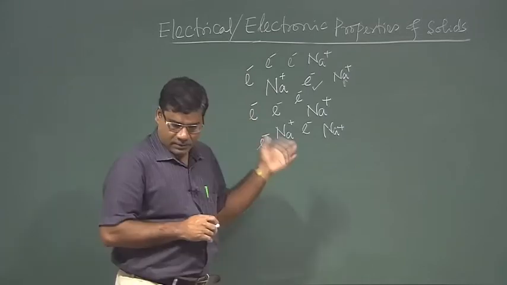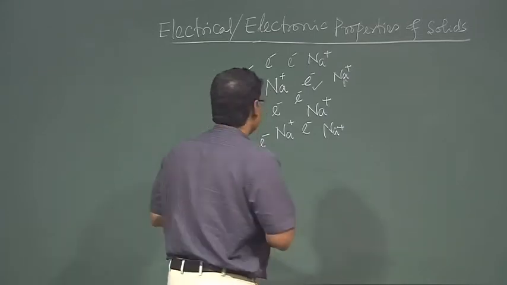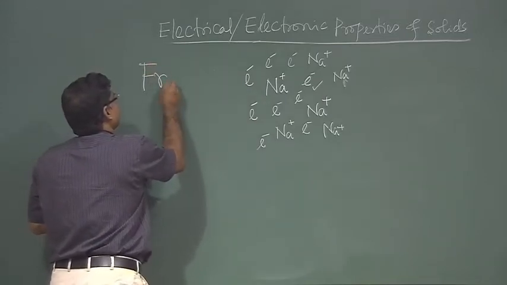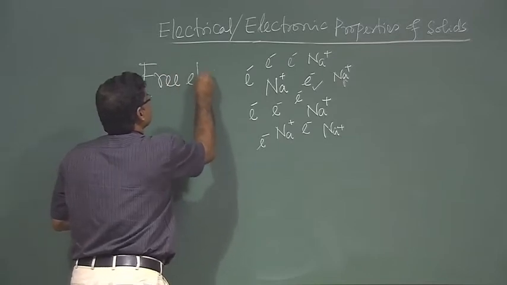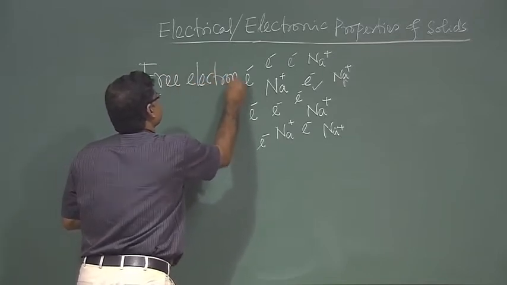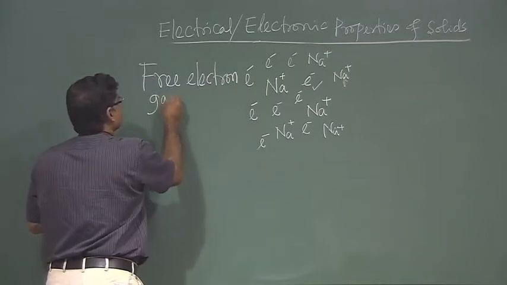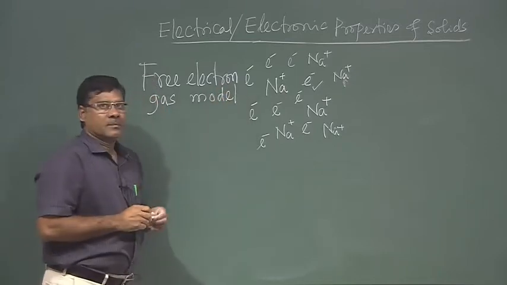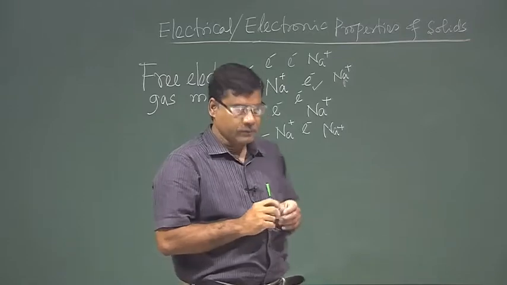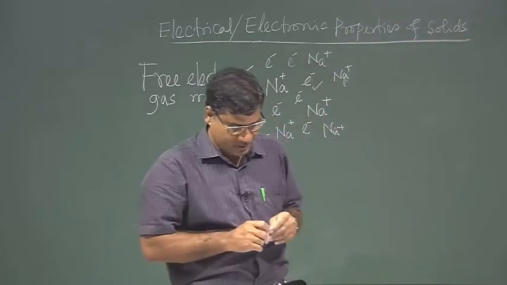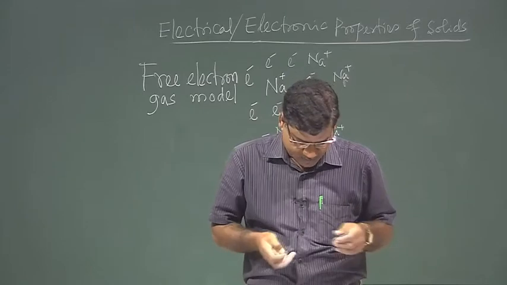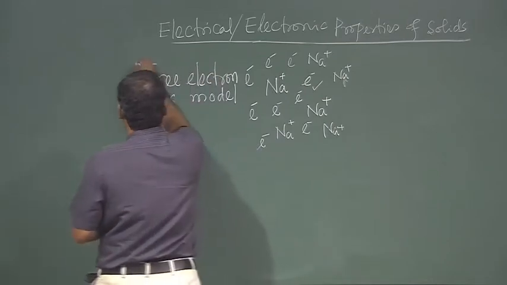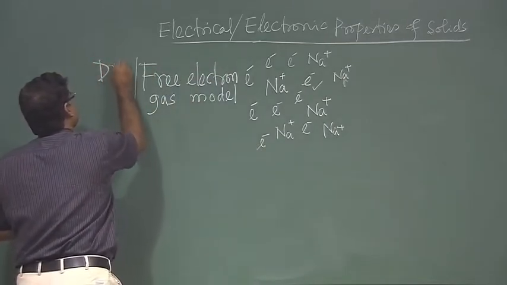To explain all these things, one very famous model was taken, that is the free electron gas model. This model was given by Drude, that is why it is called the Drude model or free electron model.